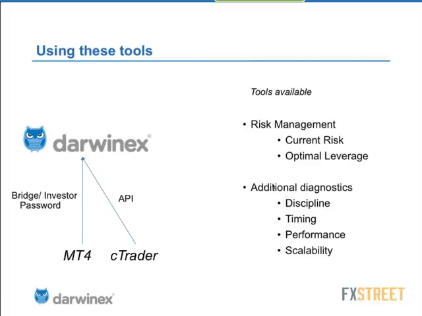And in addition to that, we will give you additional diagnostics, which are going to tell you how well you're doing on your discipline, your timing, your performance, and how scalable your strategy is. In other words, how much investor capital you could expect to manage with your strategy if you deliver profits.